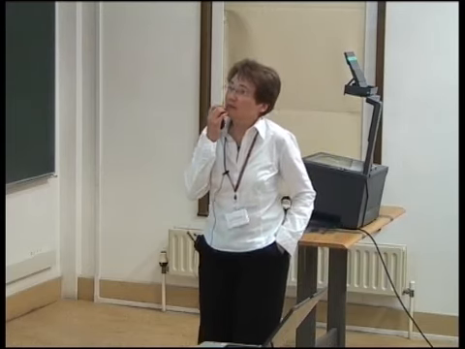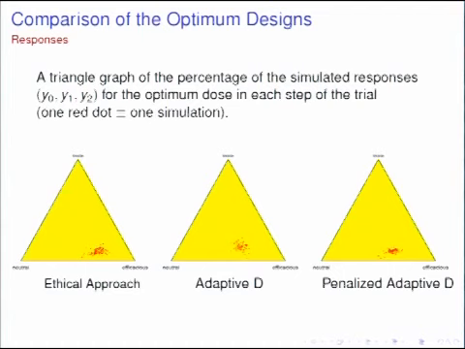And the final picture here is that we simulated responses, of course. So we looked at the proportions of responses over all these 100 simulations. How many were toxic, efficacious, or neutral? And that's what we've got. There is a group in one corner, toxicity, how far it is from that corner.